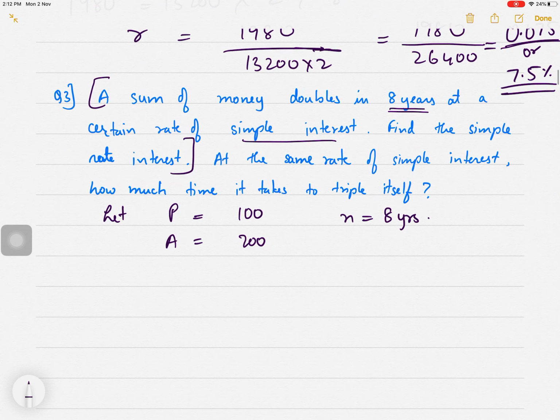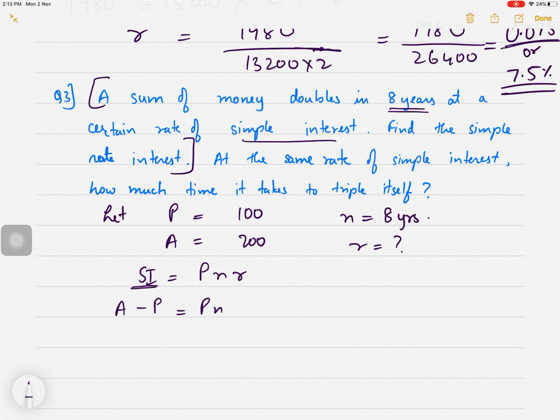So simple interest is equal to P into N into R. Find the simple rate of interest means you have to find R. R you don't know. You have to find out R. Okay. Now, interest is amount minus principal.